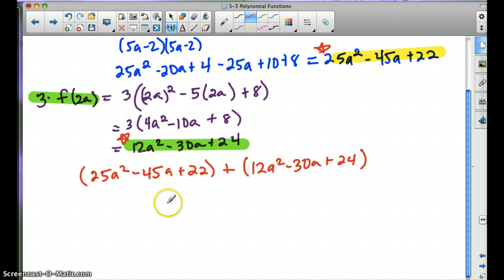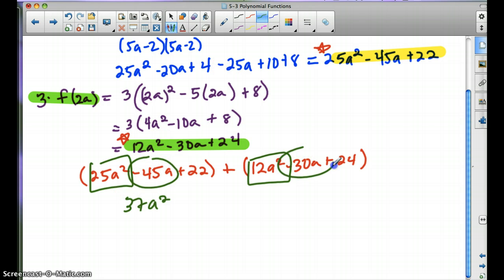When we combine like terms, my a squareds together give 37a squared, my a's give minus 75a, and my numbers give 46, and that is the correct answer.